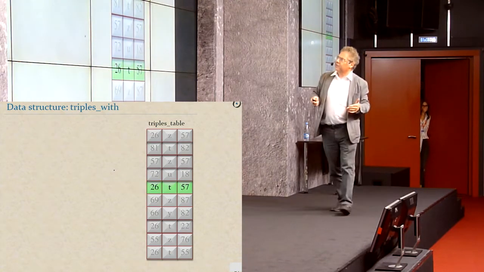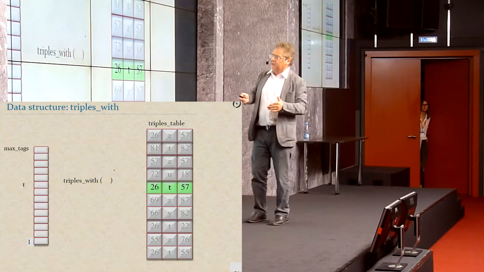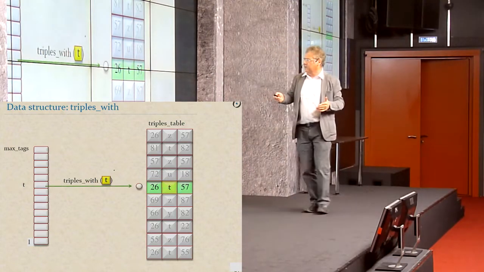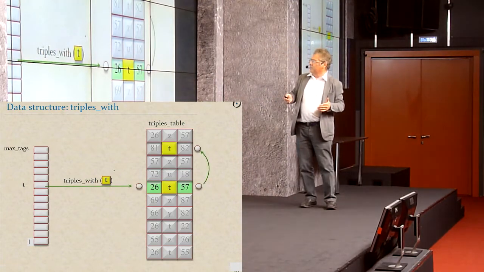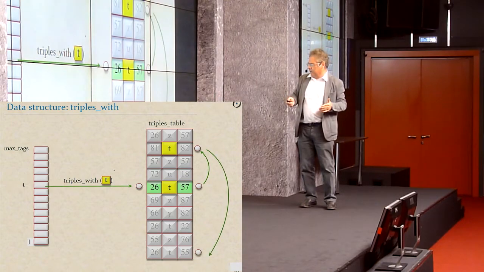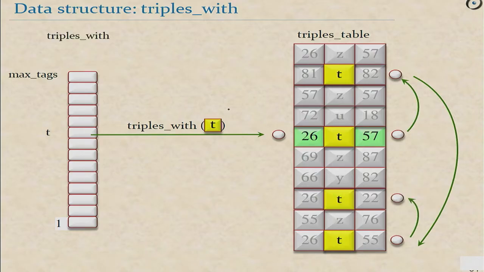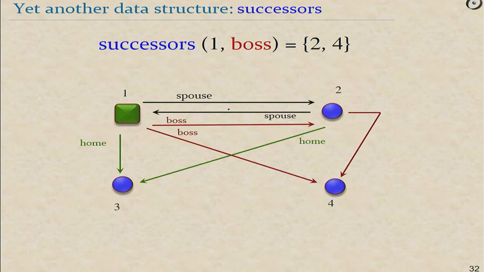Then there's the same thing for a given tag. So it tells me that for T, there's this one and that one and that one. And there are several other redundant structures, like, for example, the successors of an object for a certain label.